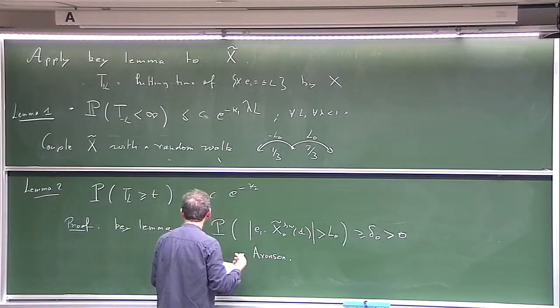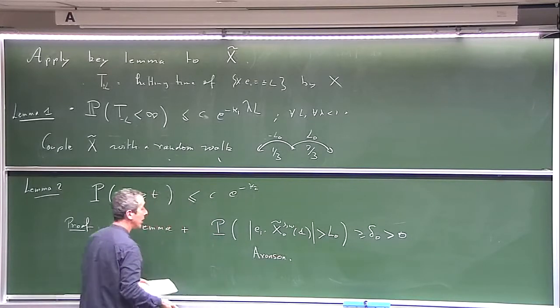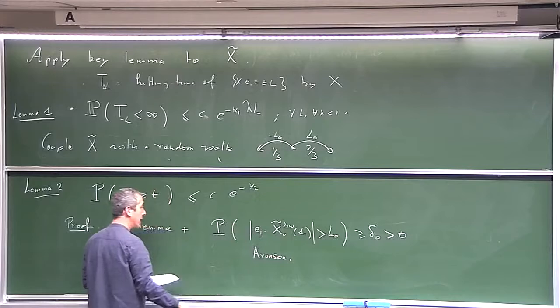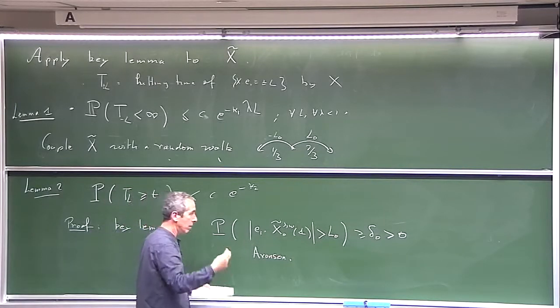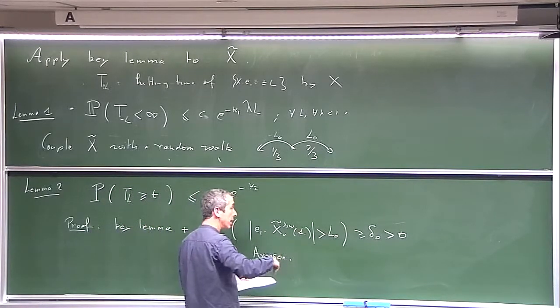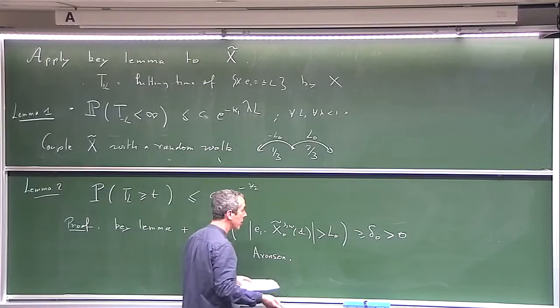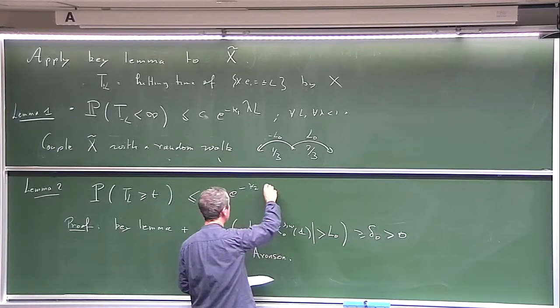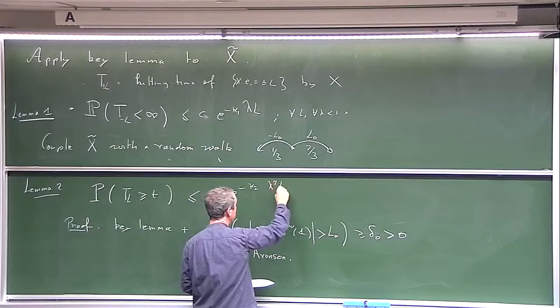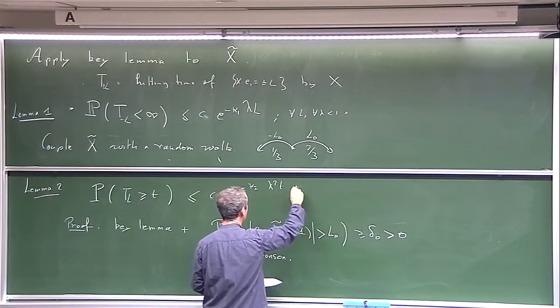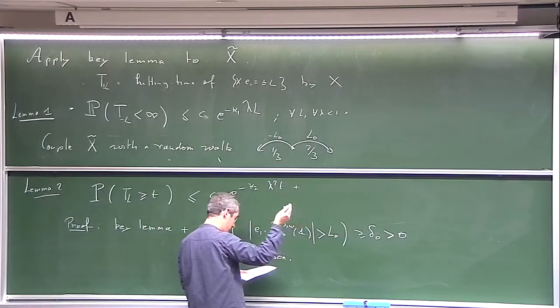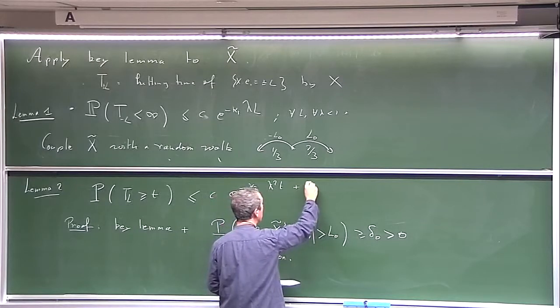times time. But this is time 1 for x tilde, which is something like time 1 over lambda square for t. So here I should have lambda square t. And maybe plus, did I put another constant?